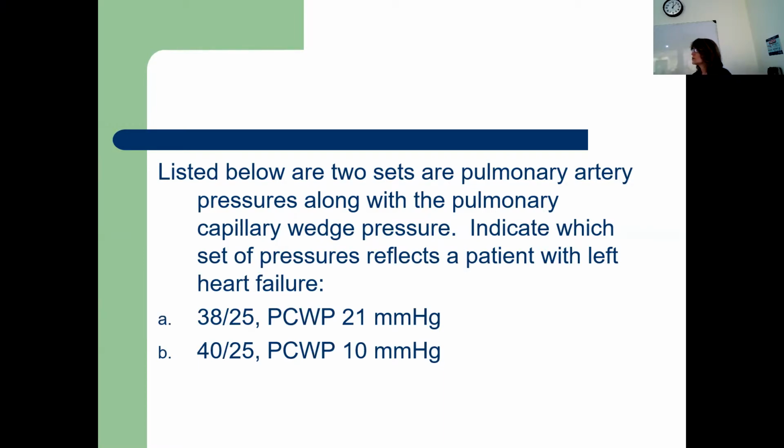Who does this go to? I lost track. Marlon? Actually, it would be letter A. Very good. And how did you know? The capillary wedge pressure is high. Very good. So high pulmonary capillary wedge pressure, you're looking at left heart failure.